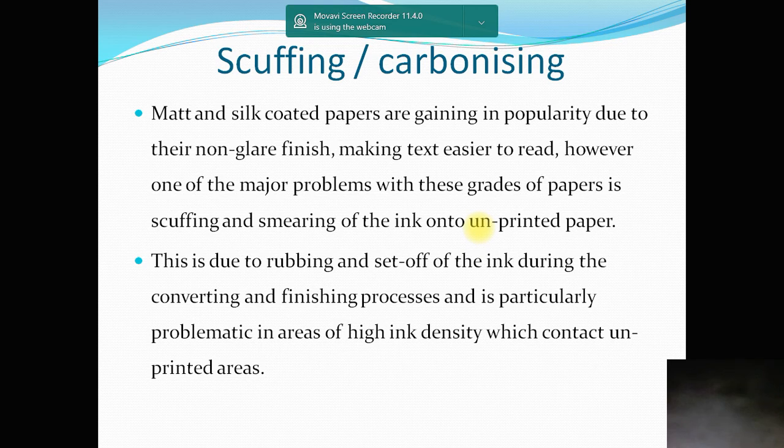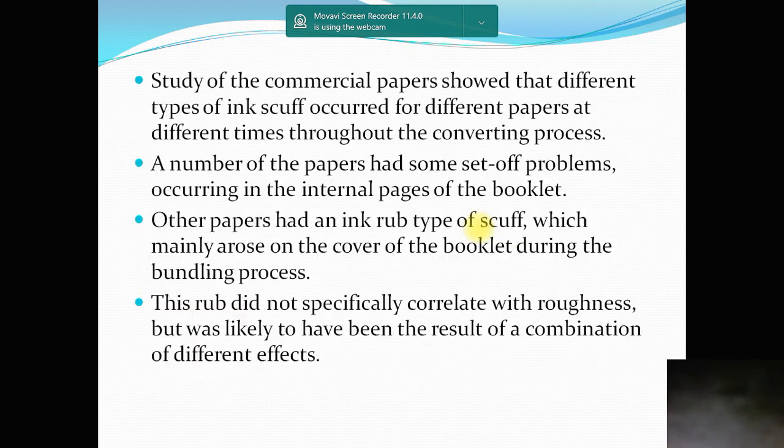At that time the color on that paper may scuff and spread into the non-printing areas of the paper. This is due to rubbing and set-off of the ink during the converting and finishing processes, and is particularly problematic in areas of high ink density which contact unprinted areas.